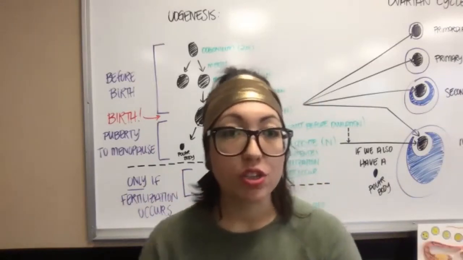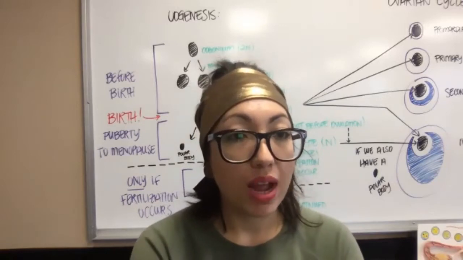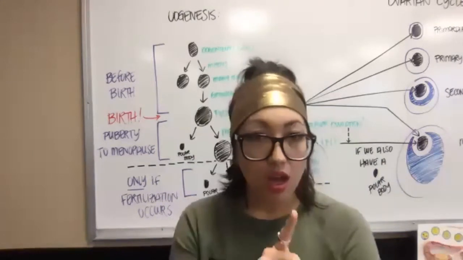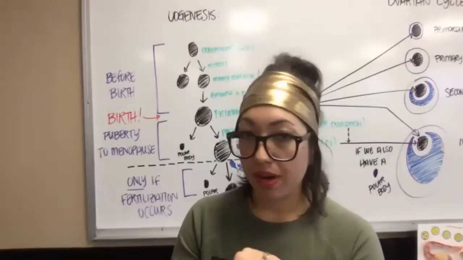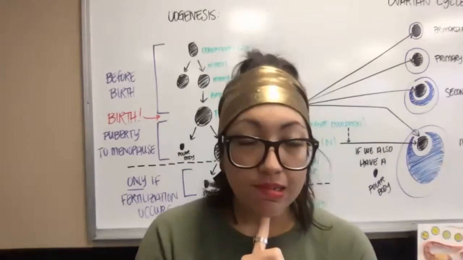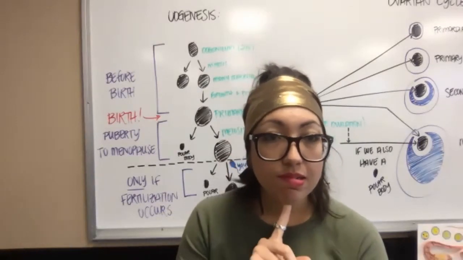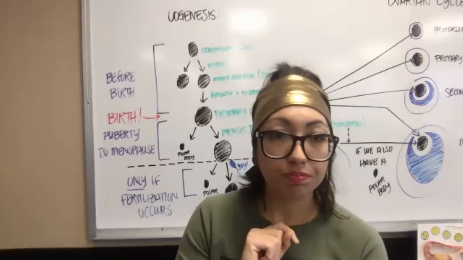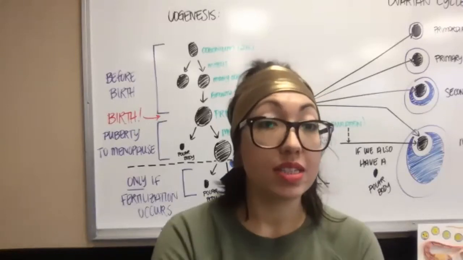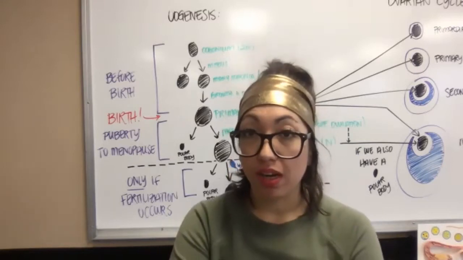Okay, question. Michelle said, why is the decrease? I'm so sorry, I didn't see the timing of the question. The decrease of the primary oocytes, the 7 million to 1 to 2 million.